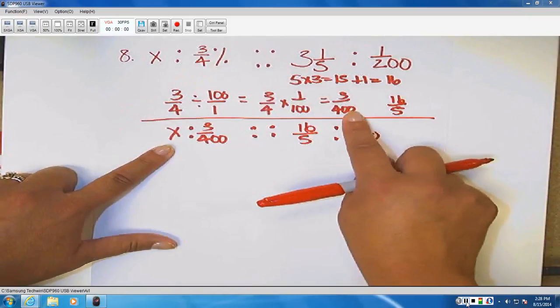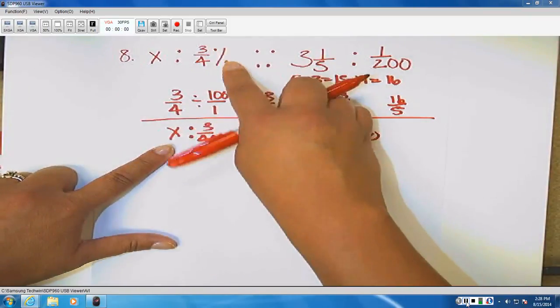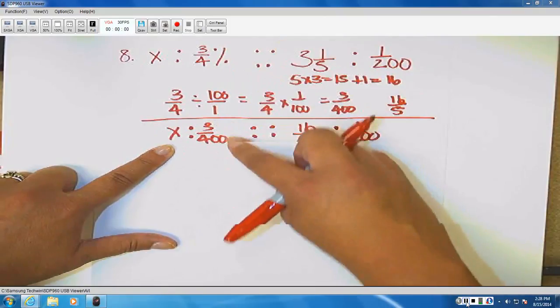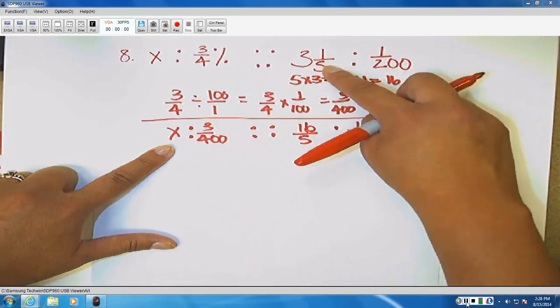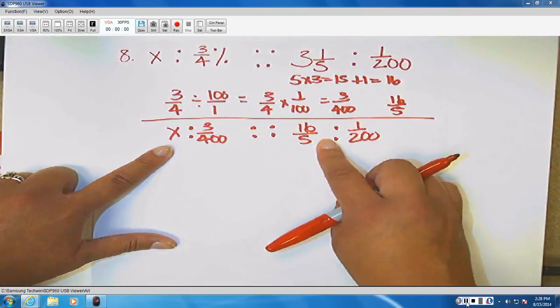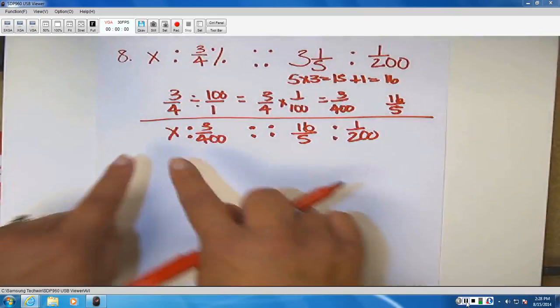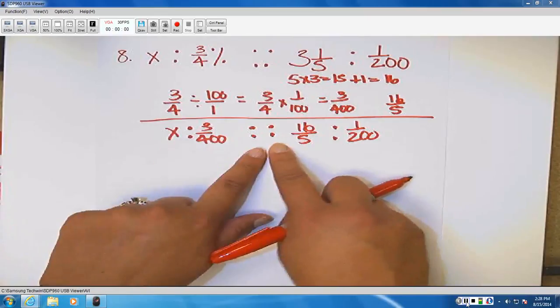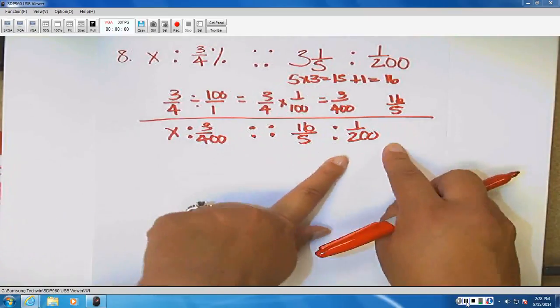When we did our little math to get this percentage away, this 3/4% is actually 3 over 400. And then we did our math to get rid of this mixed number, and it became 16/5. So our proportion is now x is to 3 over 400 as 16/5 is to 1/200.